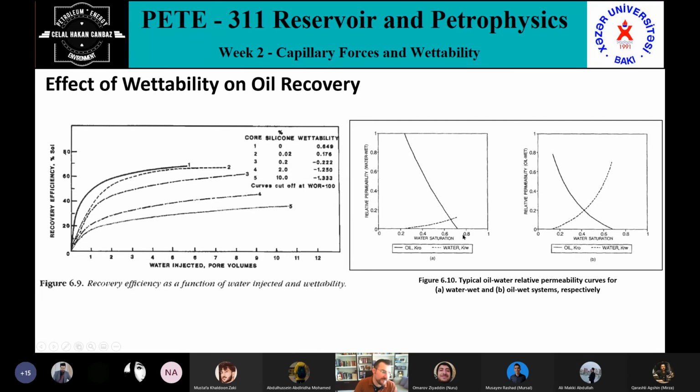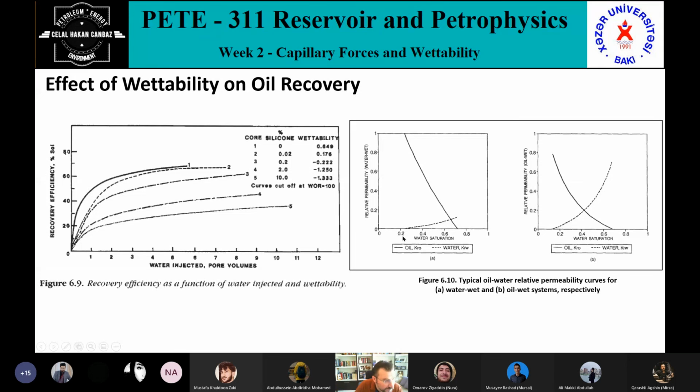Of course, there's a displacement in here. This is water saturation, so your water saturation is changing inside your core. It starts from here and comes up to here, maximum, so your water saturation is around 0.7.